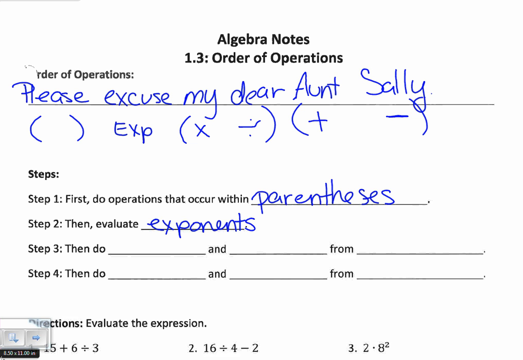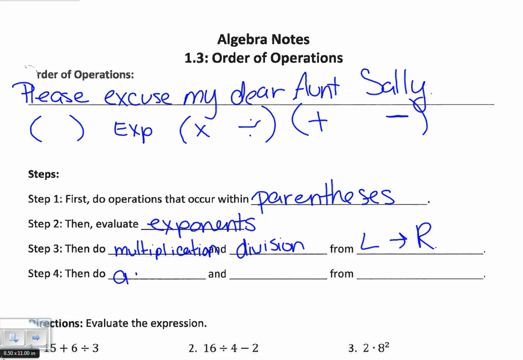Then we're going to do multiplication and division from left to right. So as I said, we don't just do all the multiplication and then all the division. We do multiplication and division together as they happen from left to right. Same thing with addition and subtraction.